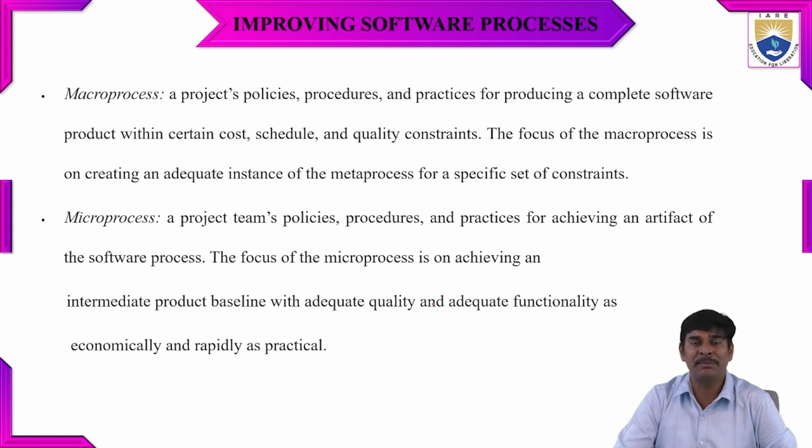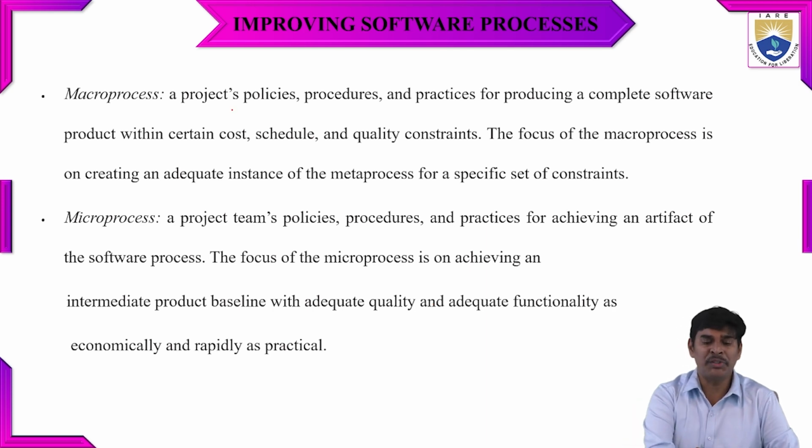The macro process is mainly used for the project policies, procedures and practices for producing a complete software product within certain cost, schedule, and quality constraints. The main focus of this macro process is creating an adequate instance of the meta process for a specific set of constraints.